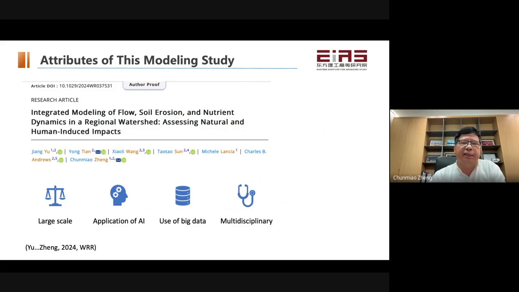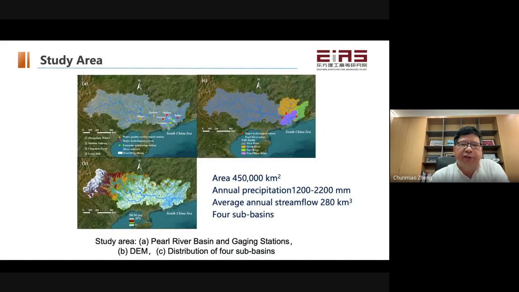I thought this study is very interesting because it is very large scale, involves the application of AI and big data, and involves multidisciplinary research. All these attributes I think represent the future of groundwater modeling. Okay, so I will discuss a little bit of this study.